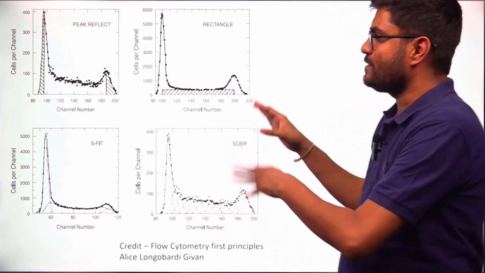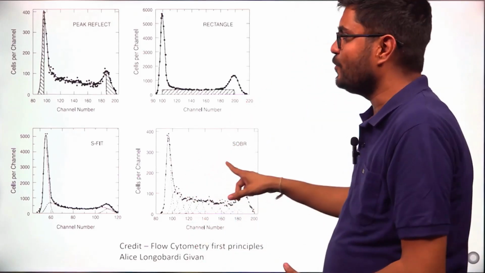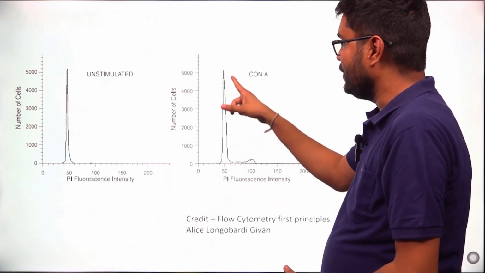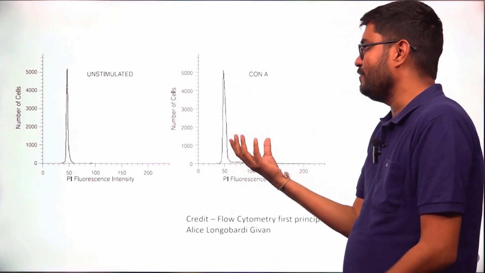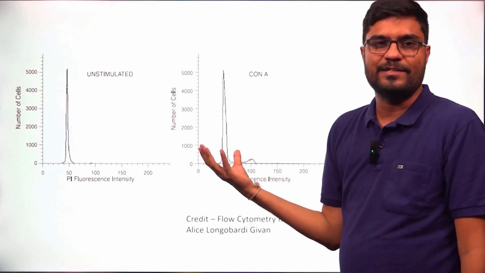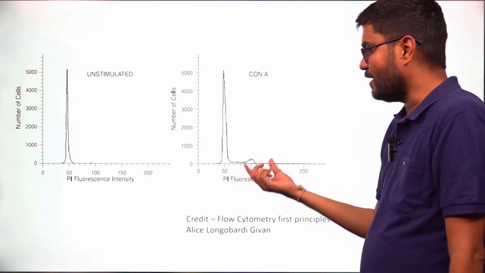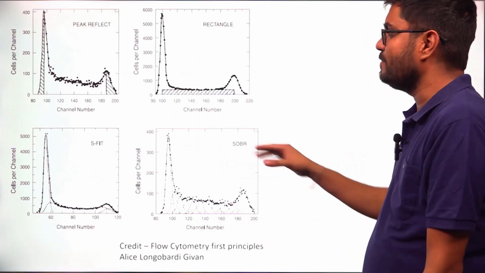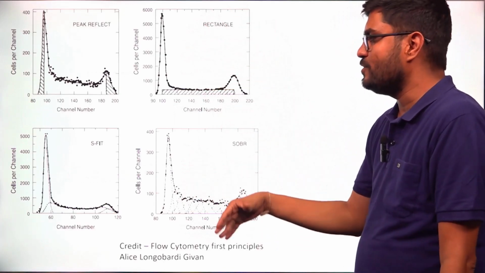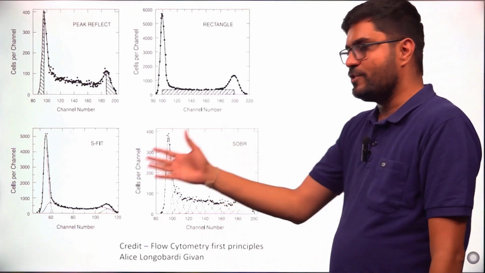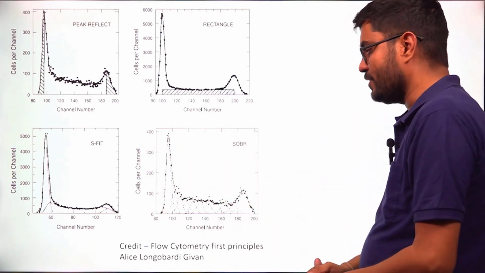But we are not that concerned about mathematics. We just have to understand that we can calculate the area under the curve. The software will do it and will tell us how many cells are in G1, how many cells are in S, and how many cells are in G2. There are different mathematical models to do it, but software nowadays uses Gaussian distributions and polynomial equations.